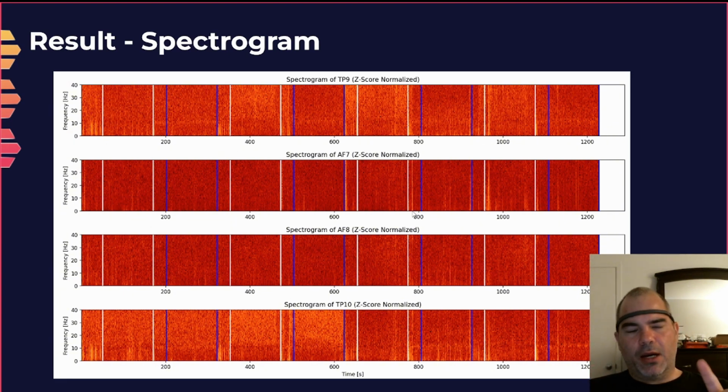By the way, what I'm showing is z-scored and normalized, and this is in decibels, so it's 10 times log base 10 of the signal. So be mindful: this is the best way I got it to show up, but I had to do a little bit of processing to really highlight this effect using the spectrogram.